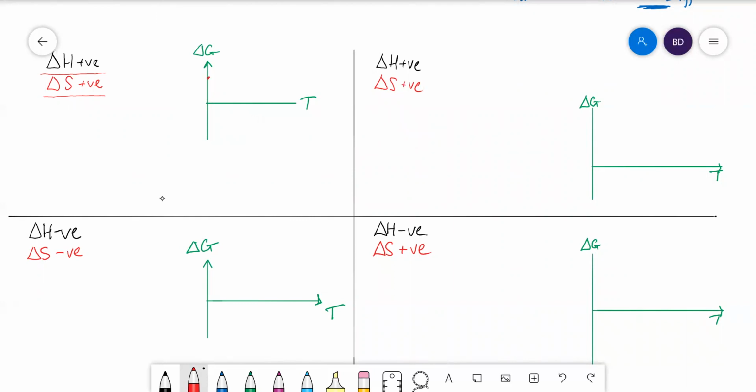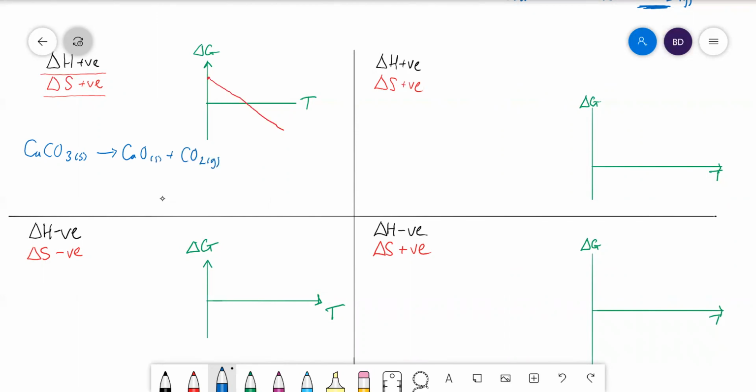The gradient is going to be negative because delta S is positive, so you're going to get a line like that. That's the one we just looked at. And a good example of that reaction is the thermal decomposition of calcium carbonate. That's a really good example of that sort of reaction. Solid going to calcium oxide, solid, and CO2 gas.